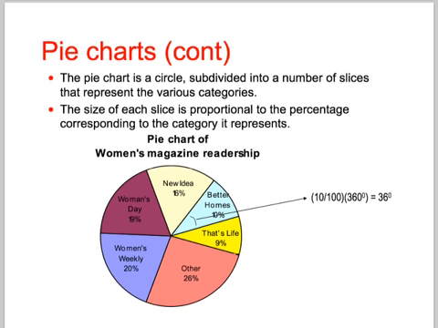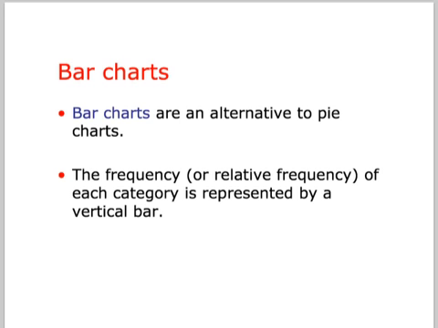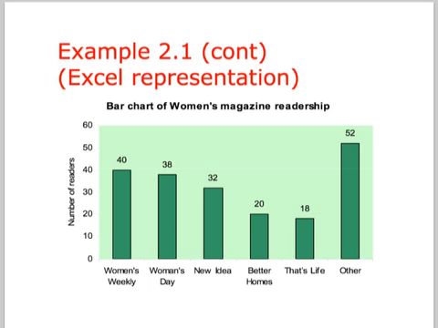Does that make sense? Bar charts are an alternative to pie charts, where you can display the frequency or relative frequency of each category by a vertical bar. As simple as this. You have a bar chart here. Okay?